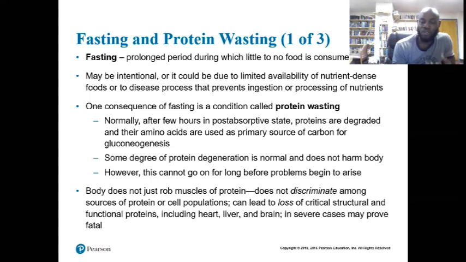But if you do that for a long period of time, it's not good for you. So your body can take part of its own structure, break it down, like for instance, break down muscle and use the carbon in that protein structure to give itself energy.